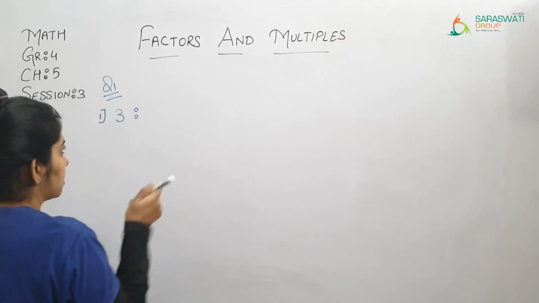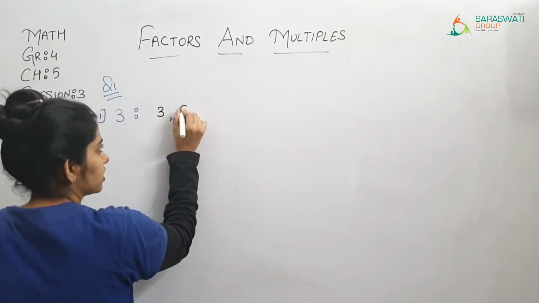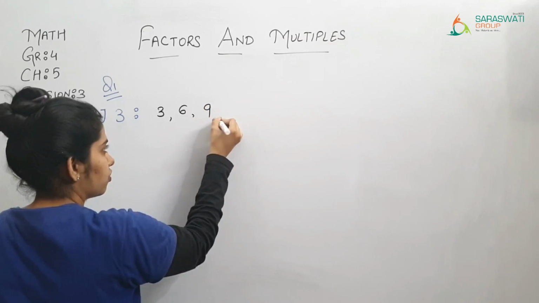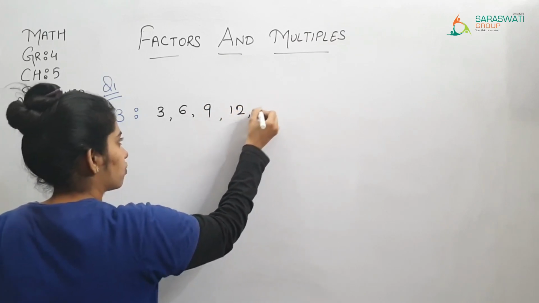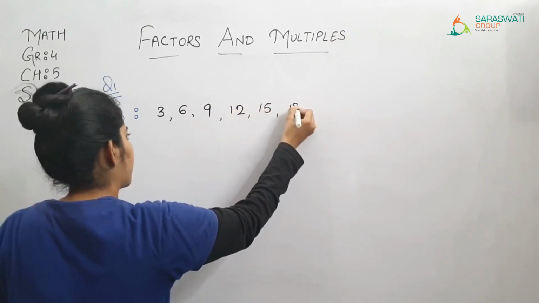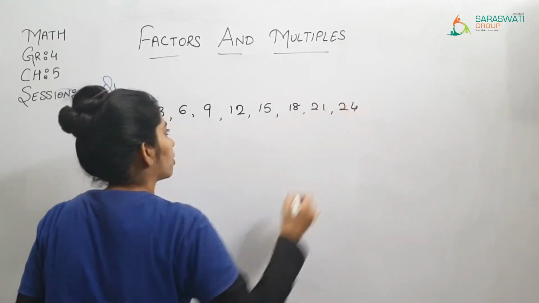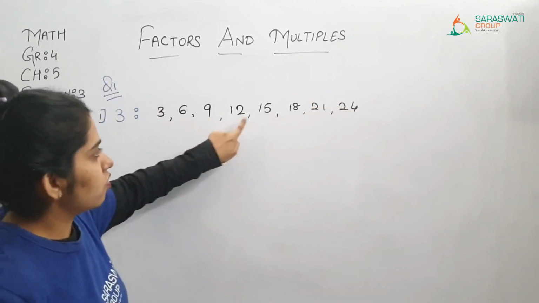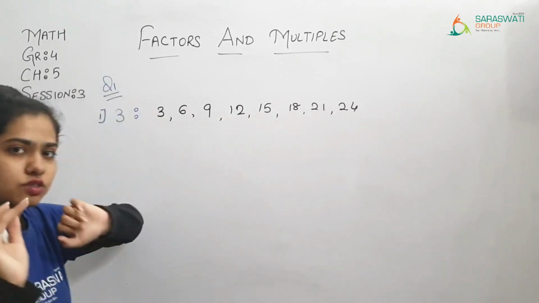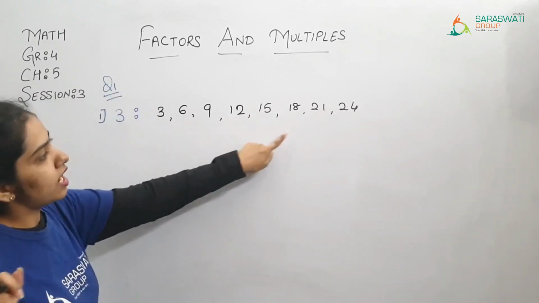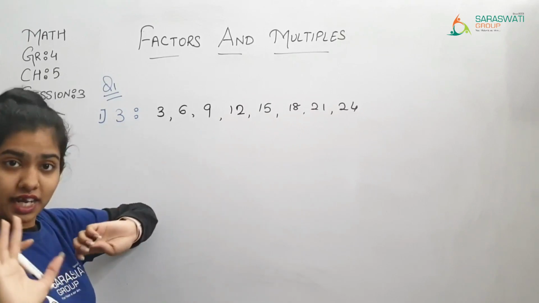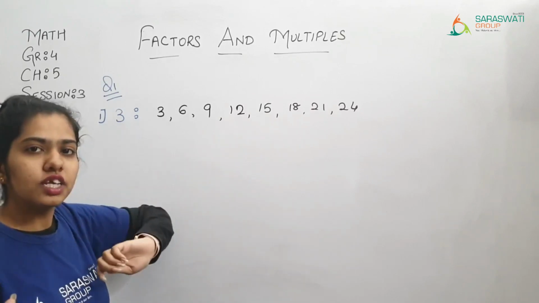So first is 3 ones are 3, 3 twos are 6, 3 threes are 9, 3 fours are 12, 3 fives are 15, 3 sixes are 18, 3 sevens are 21, 3 eights are 24. 1 2 3 4 5 6 7 8. આપણે 8 સુધી લખવાના. So these are the first 8 પહેલા જ 8 multiples થયા 3 ના.